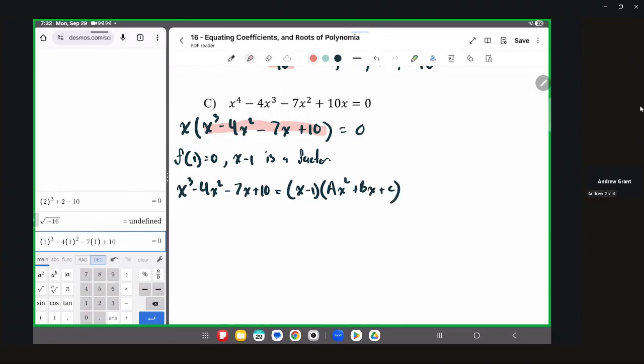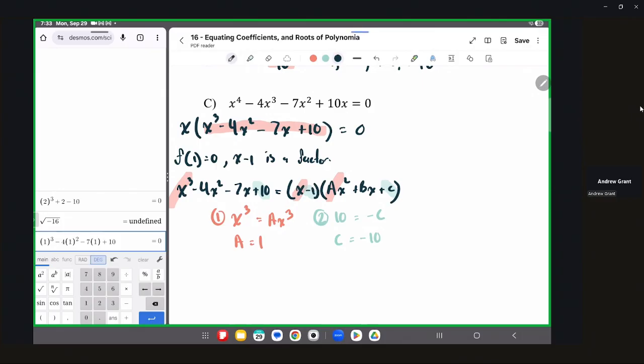So because of the logic we said earlier, if we have a look at the x cubed term, x to the power of 3 is equal to ax cubed, which means a is equal to 1. And we're going to have the situation here where 10 is equal to negative c. So c must be equal to negative 10.